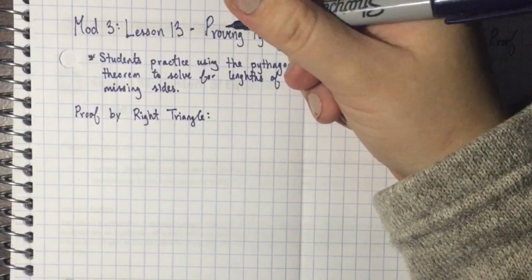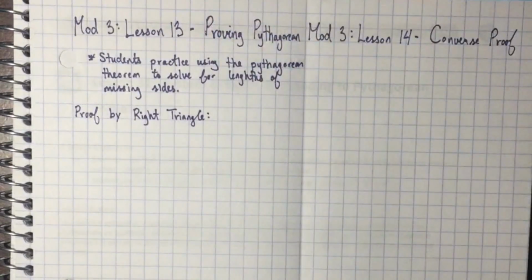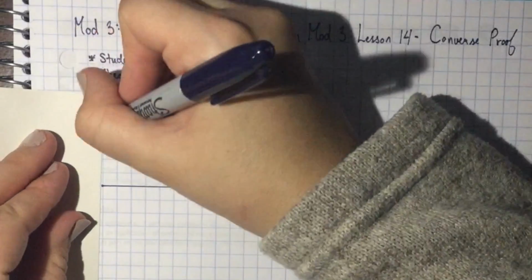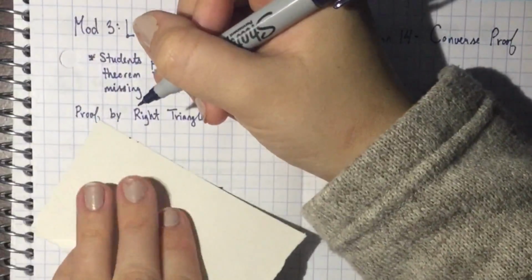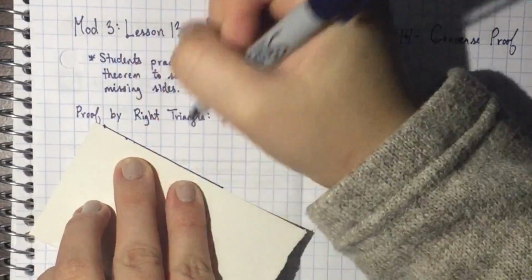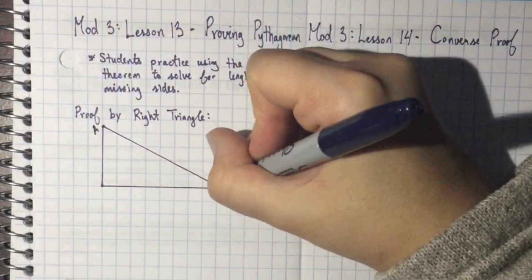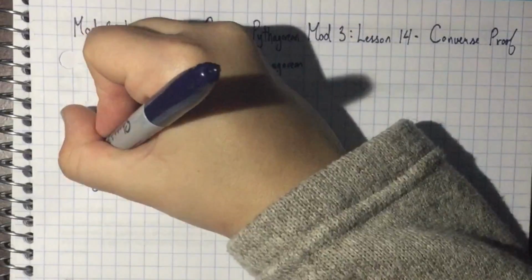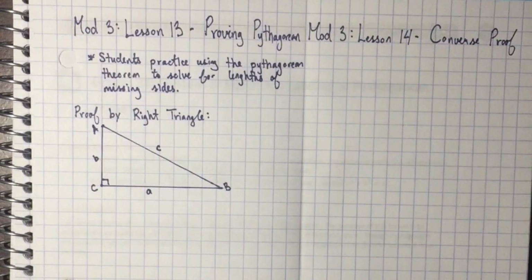I'm going to start out by drawing a right triangle, using a straight edge, and I'm going to do my base, my second leg and the hypotenuse, and label this triangle A, B, C with my right angle and opposite side lengths labeled a, b, c.